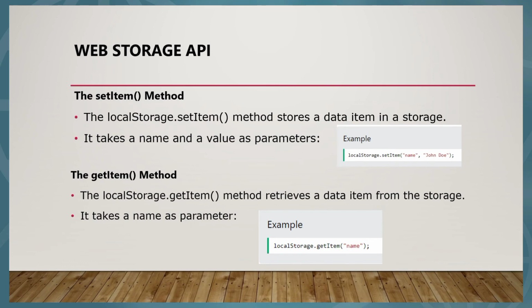The set item method. The local storage set item method stores a data item in a storage. It takes a name and a value as parameters. The get item method. The local storage get item method retrieves data from the storage. It takes a name as parameter.